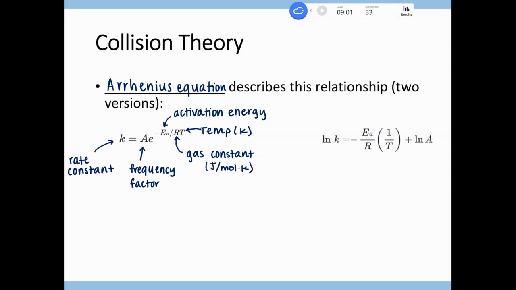So that is that fraction there times 1 over temperature, and the natural log of A would be a constant. So this is now in a y equals mx plus b version, where x is 1 over temperature. As you change temperature, the rate constant will change.